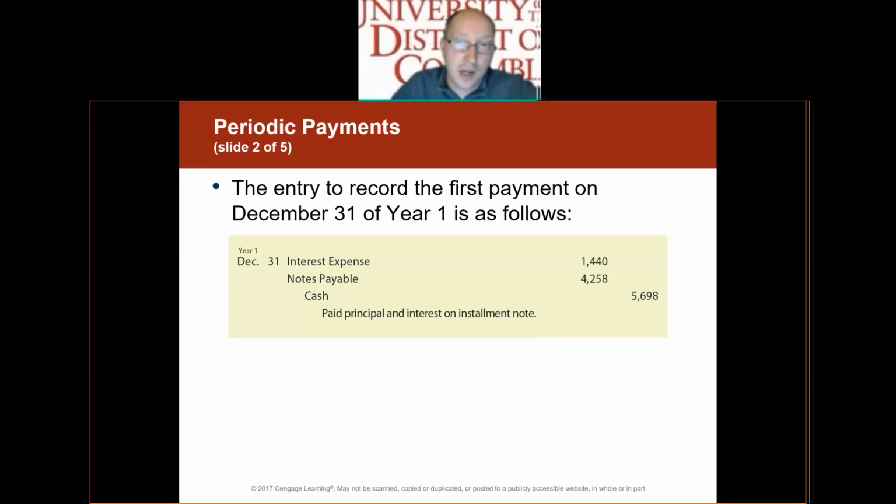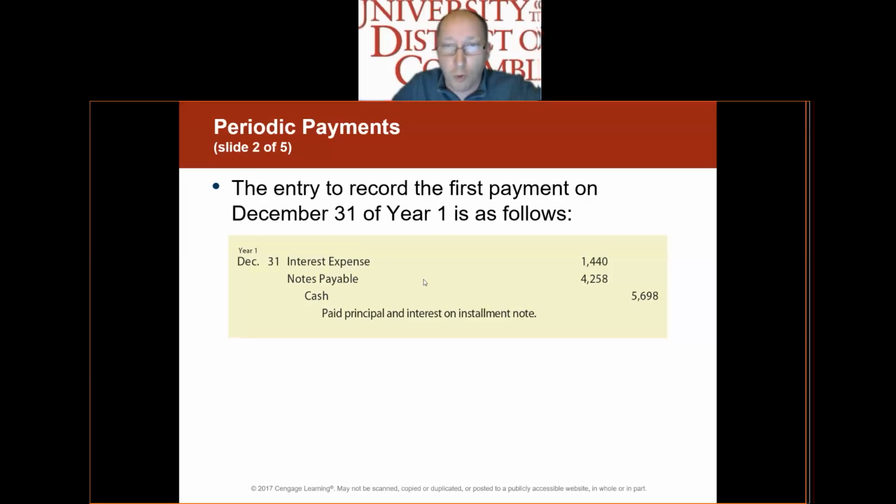At the end of the second year, now you see here what's happening with the interest and the note payable. Watch the amounts. We still pay $5,698 each year, but the interest and principal amounts are different.